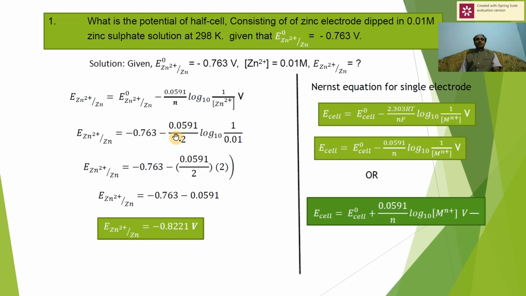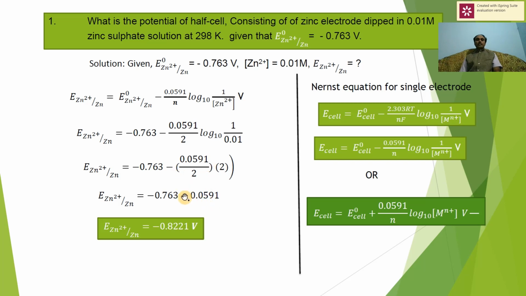Now you substitute the value of n here as 2, and now you can start calculating all these values. Log of 1 divided by 0.01 is 2, 0.0591 divided by 2, times 2, and this 2 gets cancelled, only 0.0591 remains.